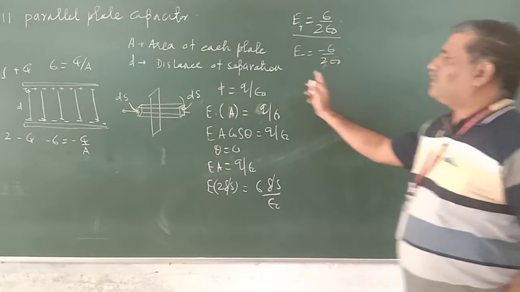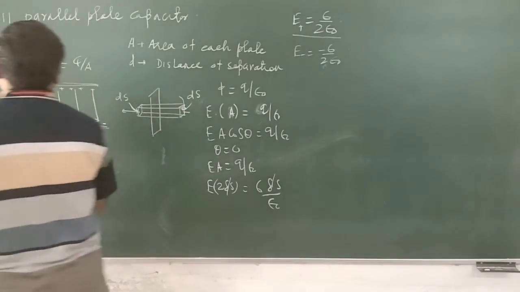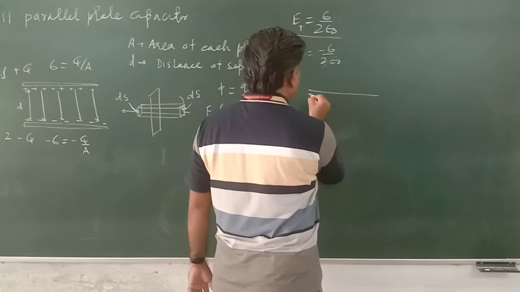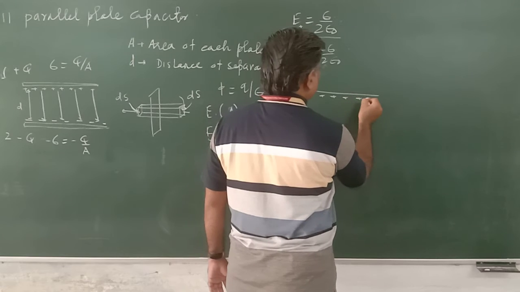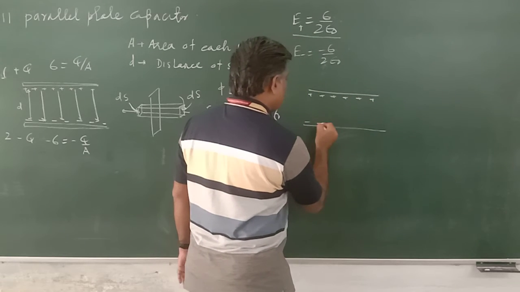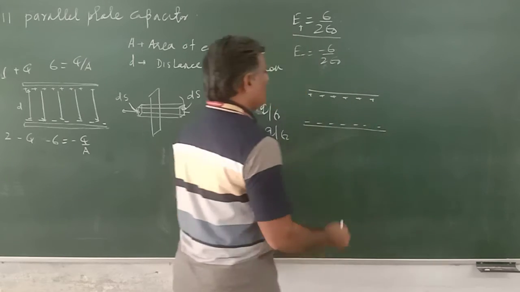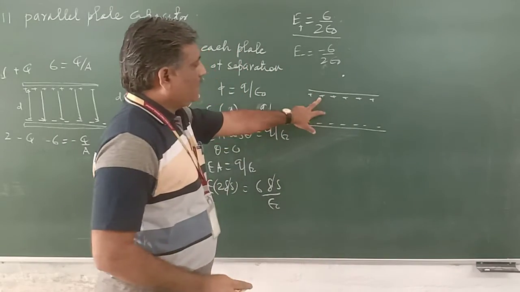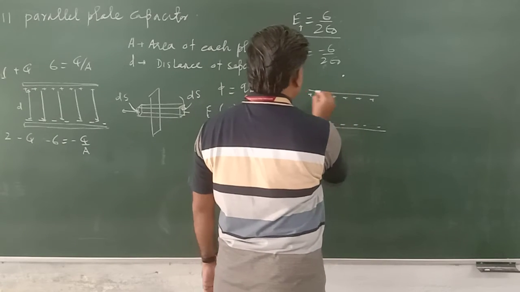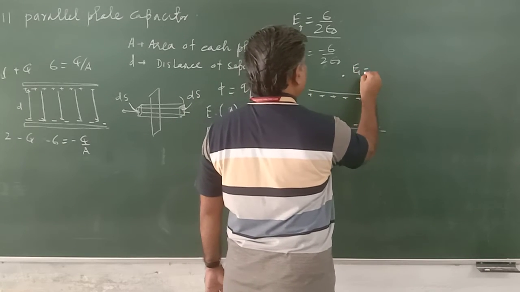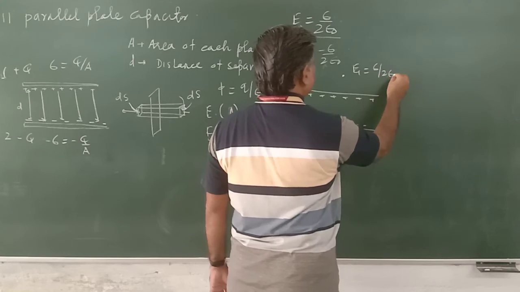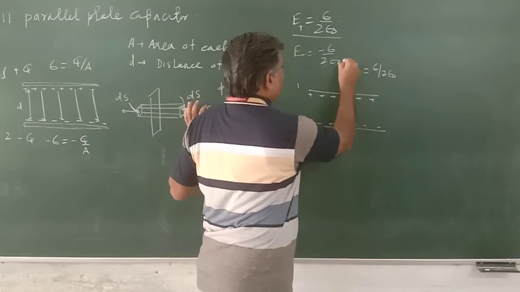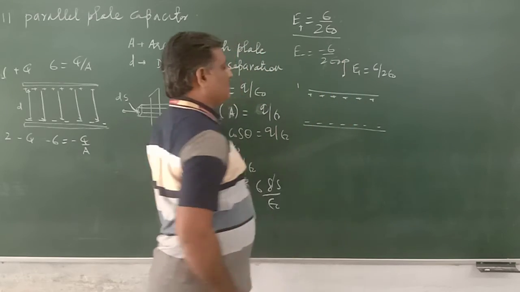Now apply this concept to this arrangement. Once again I draw this here. This is the positive field, this is the negative field. At this point, E1 due to this plate is equal to sigma divided by 2 epsilon 0, away from it.